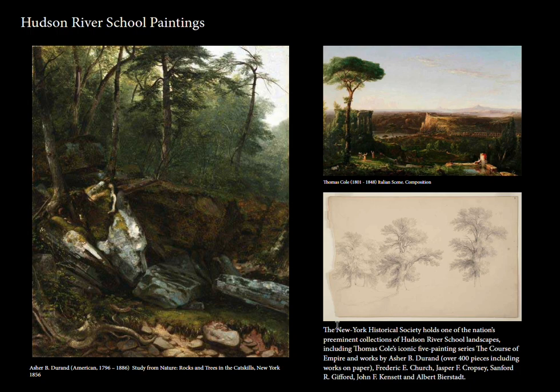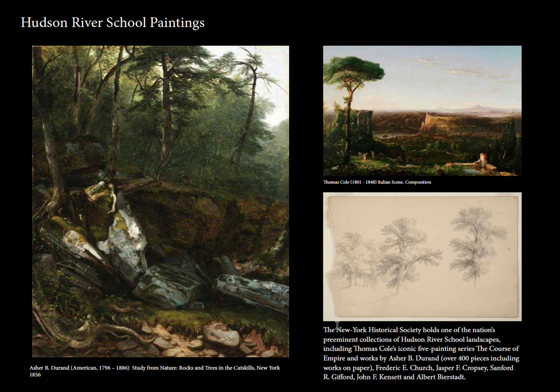Hudson River School painting is one of the popular and renowned categories of American art. Hudson River School means the artists who gathered around the Hudson River area, on the east coast of the United States.